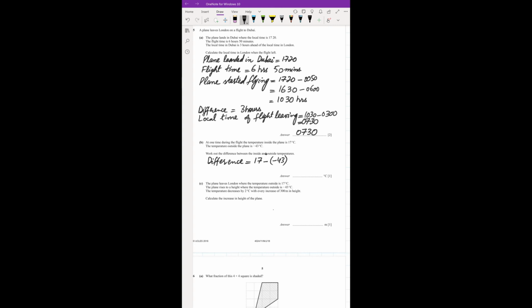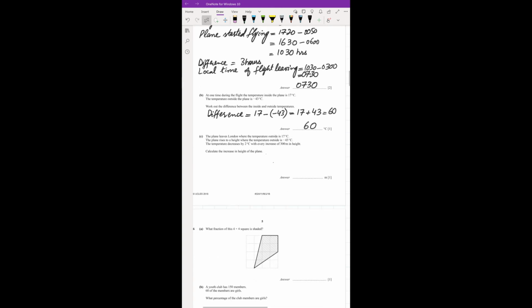Since 43 is a negative quantity, its minus would be written in the brackets, and another minus sign would be written outside the bracket, which shows that we are finding the difference between these two quantities. So the answer is 17 plus 43, which makes it 60. So the difference between the outside temperature and the inside temperature is 60 degrees centigrade.